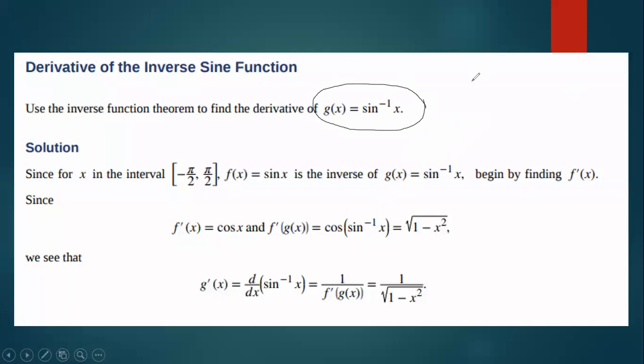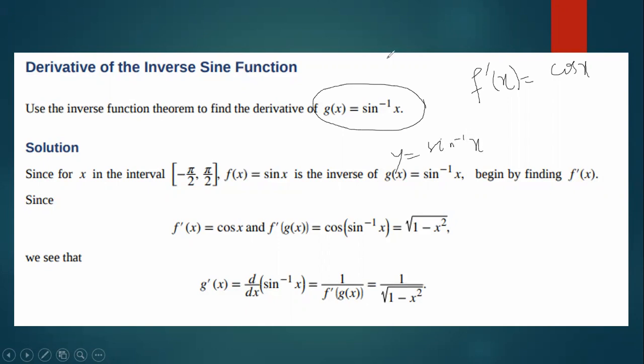So this means that my derivative will be cos x. Okay, so how do I find it? This is basically putting y equals sine inverse of x.